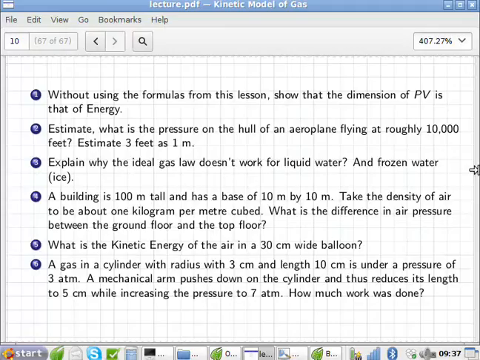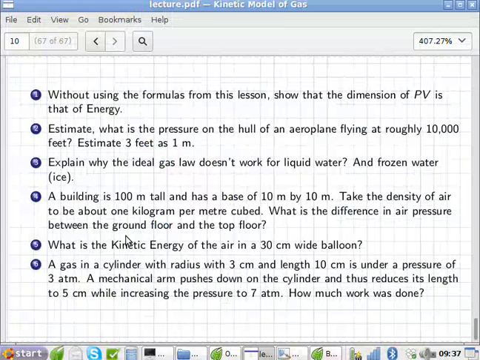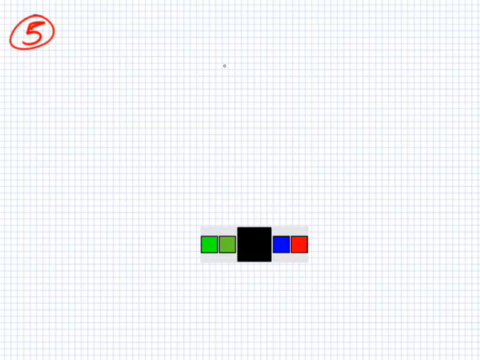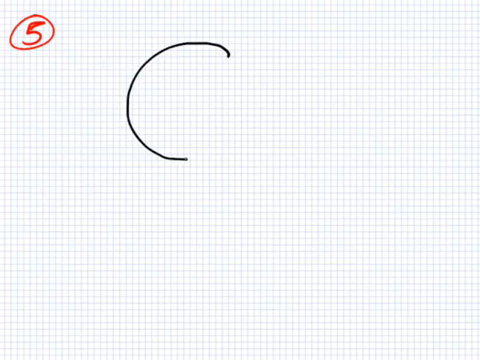What's that? 100. I told you to take the density to be about 1, so that's gone. The difference will be about 100 g, which is 981 pascals, so roughly 1 kilopascal.